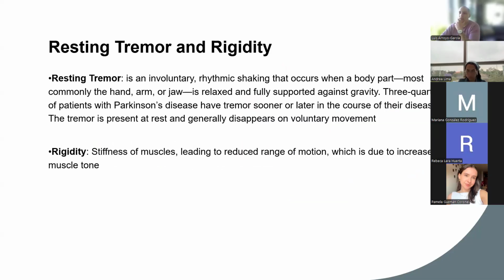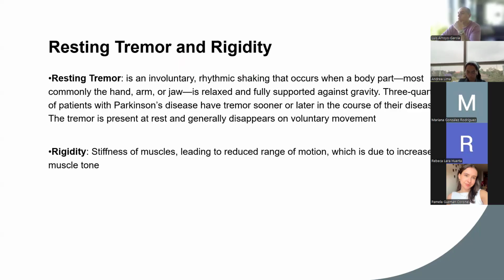So we have resting tremor and rigidity. Resting tremor, which is also one of the hallmarks of the disease, is an involuntary movement when the person is in a resting state, like when you're sitting and the patients are still moving their parts without commanding them.